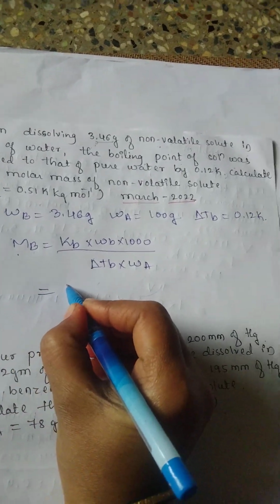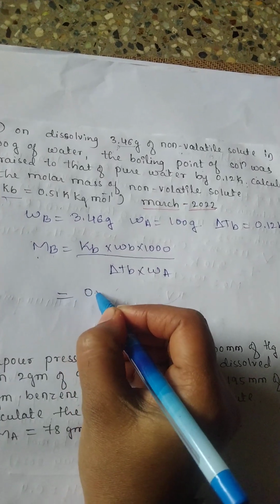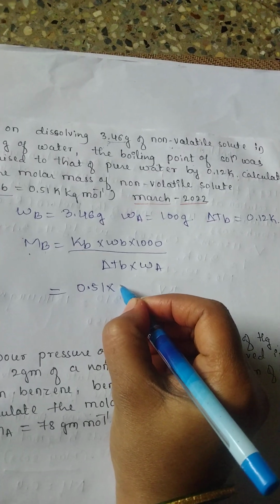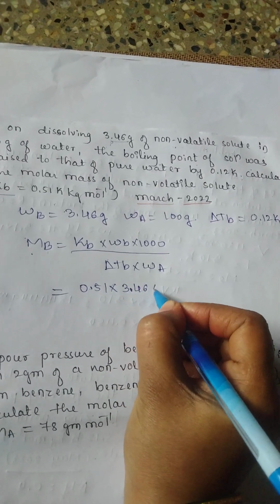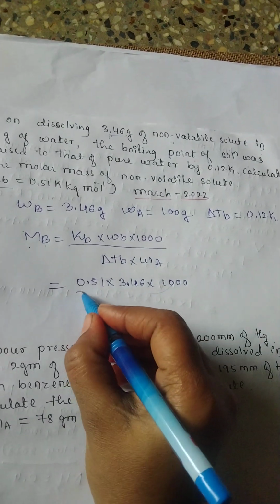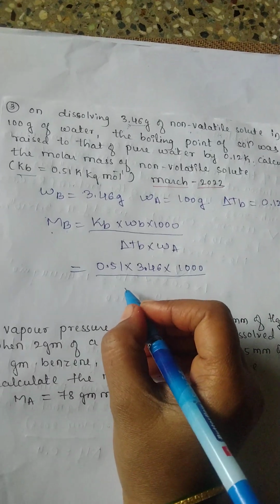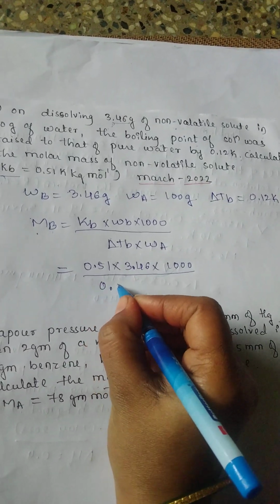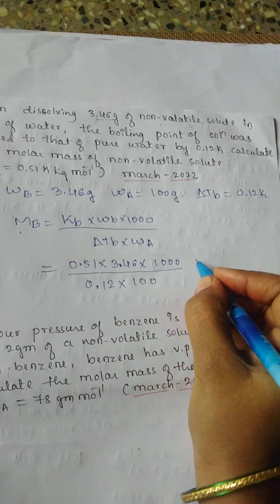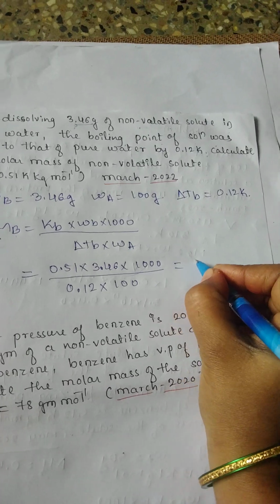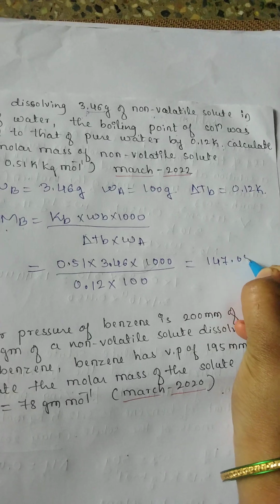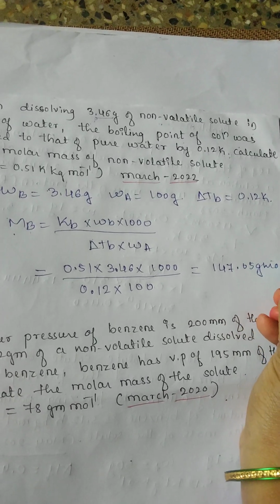So put all the values. The KB value is 0.51 into WB 3.46 into 1000, divided by the delta TB value 0.12 into WA is 100. Okay, after calculating we'll get the value 147.05 grams per mole.